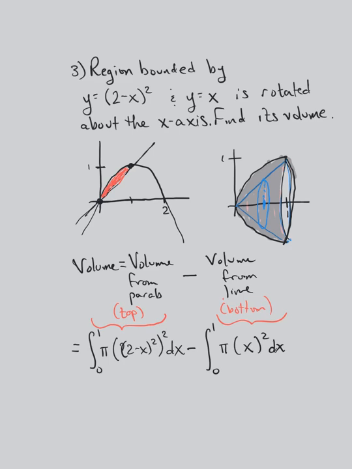Okay, so now here's the key thing to notice before we start cranking away on this. We do have the same limits, so you can combine these two. If you think about right here, we have 2 minus x to an exponent; I raise it to the fourth.